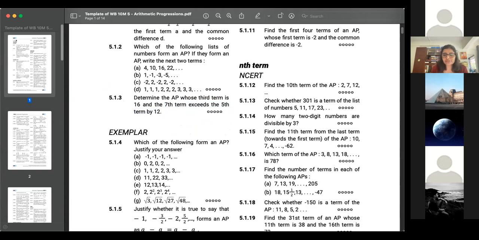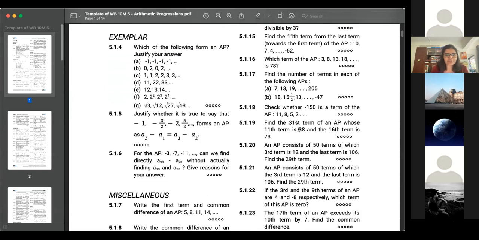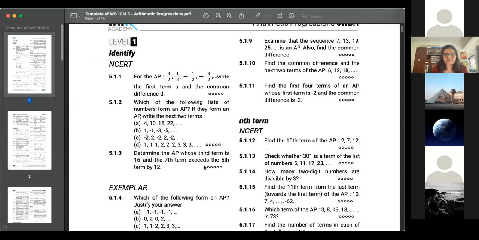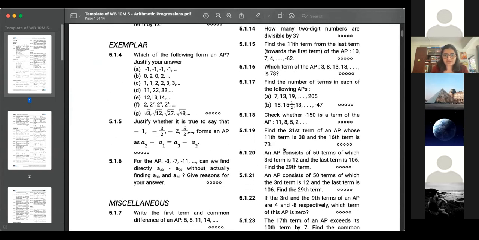All right. The rest of you, whoever's done with question number 3, do question number 19. So find the 31st term. A31 has to be found out, given that the 11th term is 38 and the 16th term is 73. Okay, Dhruv is also pretty much done. You got A, you got D, meaning you can build the series.